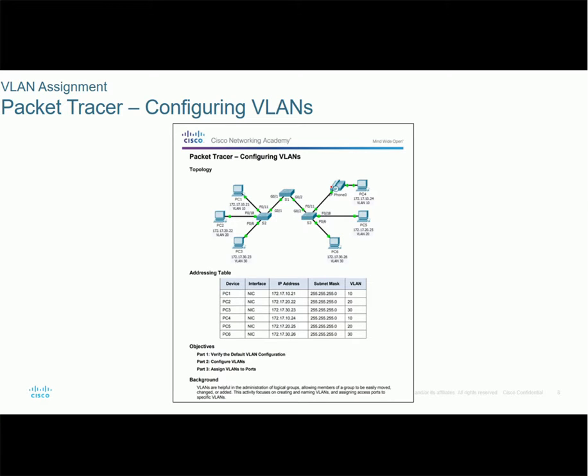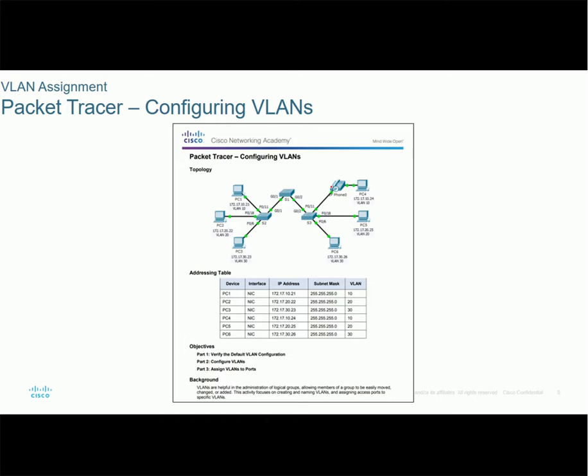So we must reassign port membership to active VLANs before we remove VLANs by using the no vlan command. And the last thing we looked at was deleting VLANs. We can delete VLANs, or alternatively delete the VLAN.dat file, which effectively removes all VLAN information.